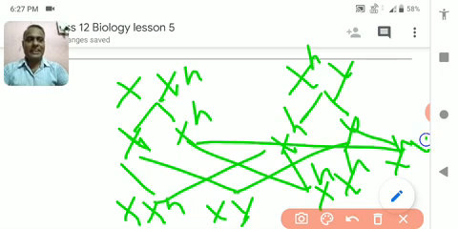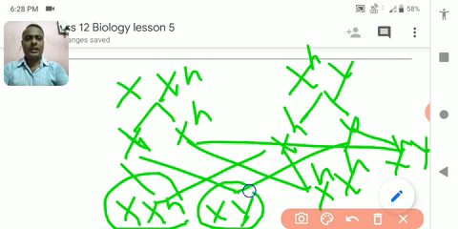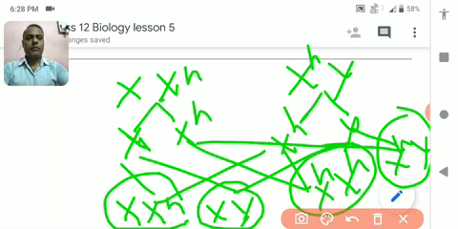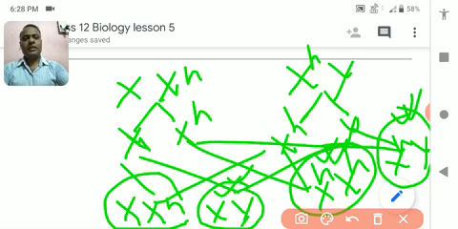So in this case you can see one is a carrier female, another is a normal girl, one is a hemophilic girl, and another is a hemophilic boy. So one boy is normal and another boy is hemophilic. One girl is normal and one girl is hemophilic.